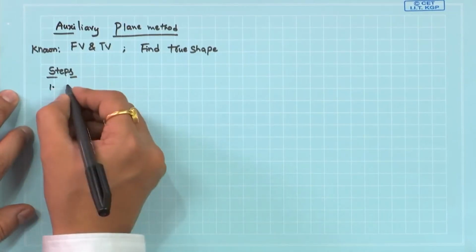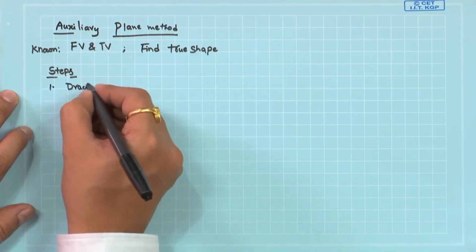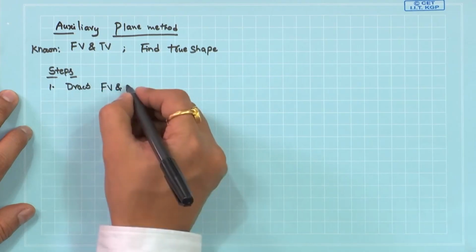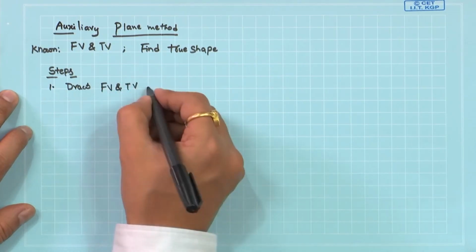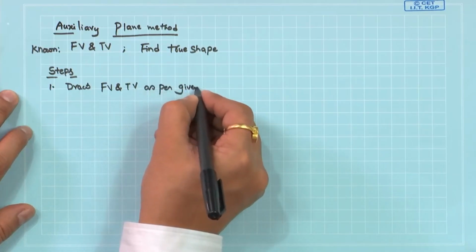First of all, whatever the front view and top view given, draw them. Draw the front view and top view as per the given information.